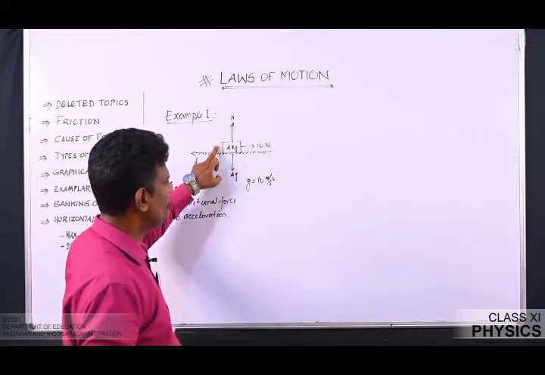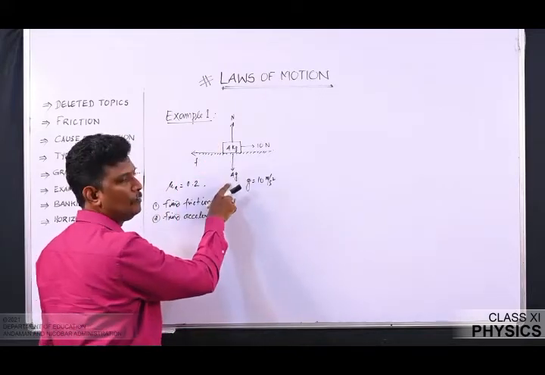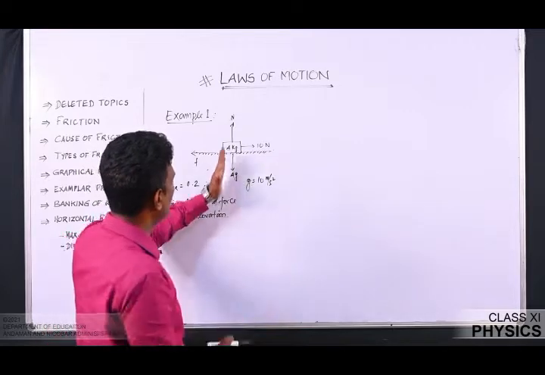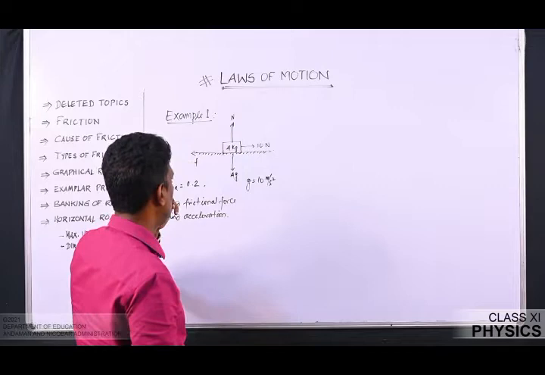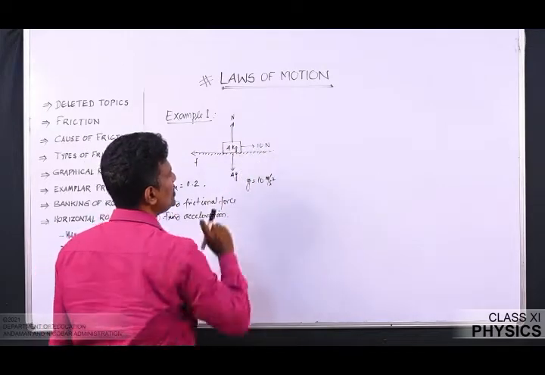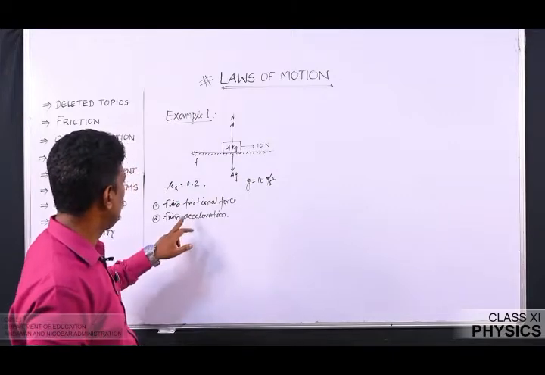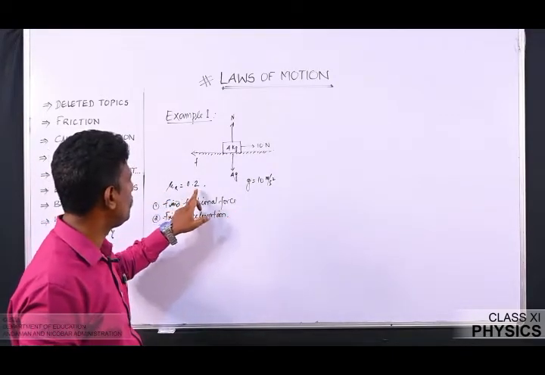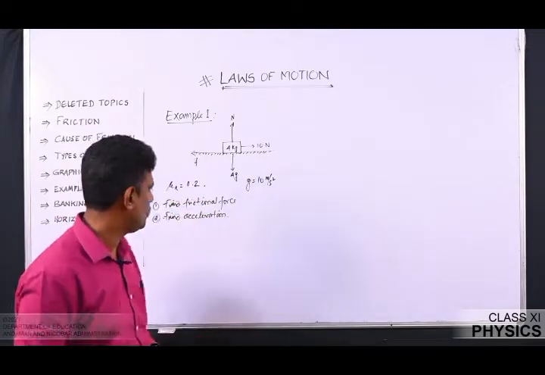4 kg block is there. Obviously, the downward force will be 4g, that is mg, 4g. Counter reaction, that is normal reaction, is upward. When a force of 10 Newton is applied, then find frictional force, and mu k is given 0.2 and g we need to take 10 meter per second square.